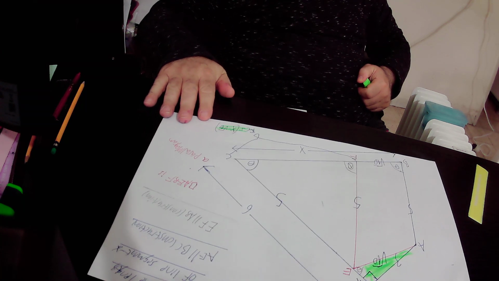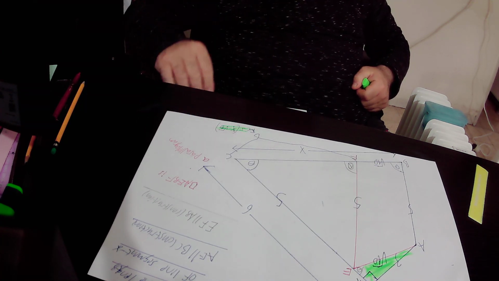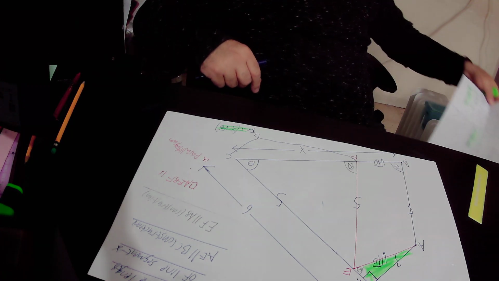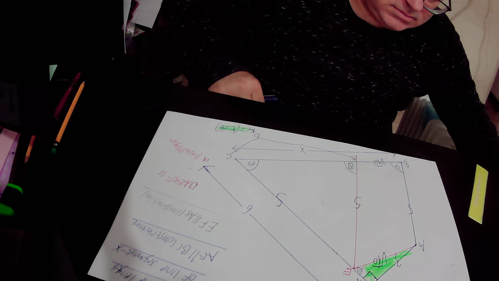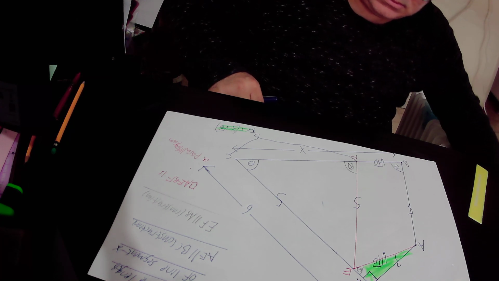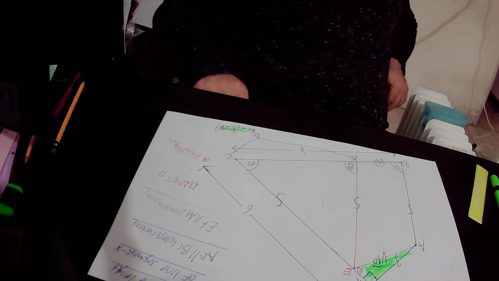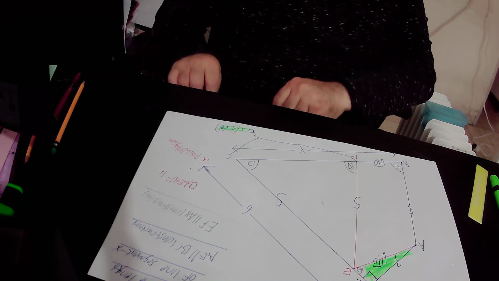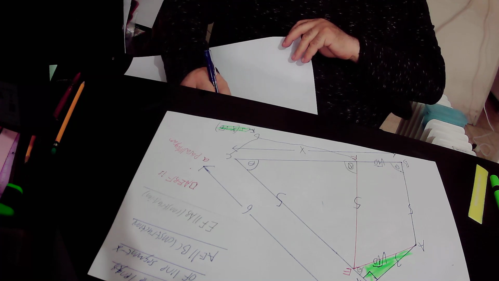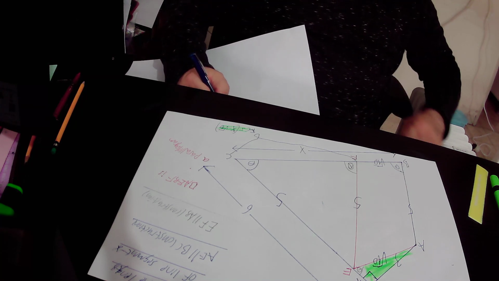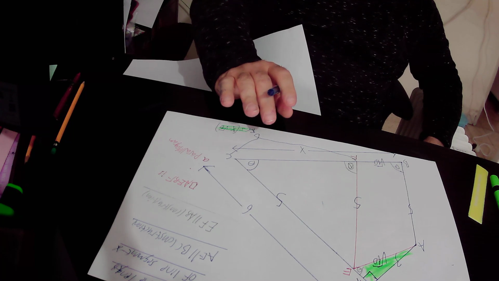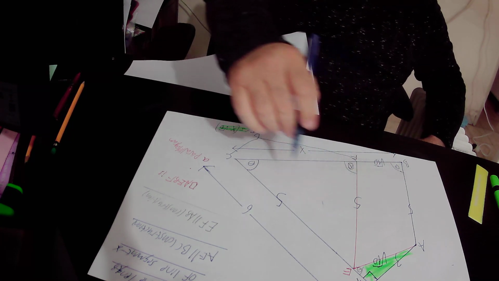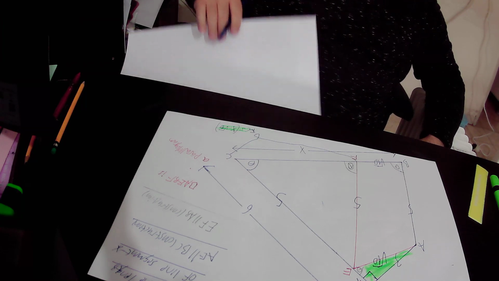In the next step, we will focus on triangle EFC. This triangle EFC is an isosceles triangle because side EF equals side EC equals 5 units. So I write it down.